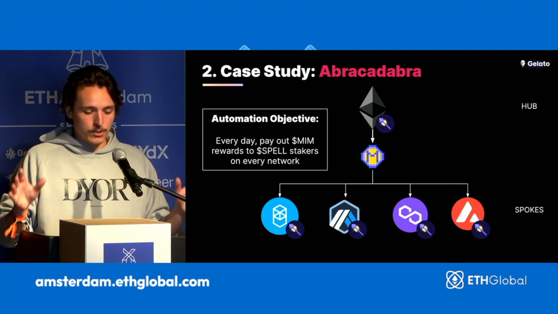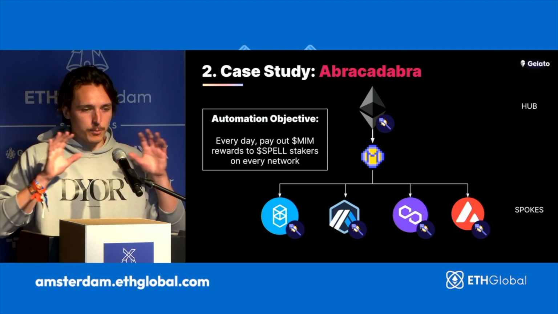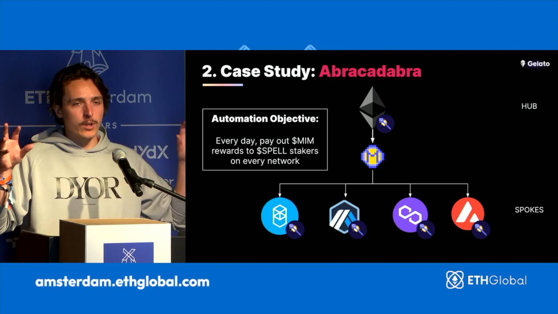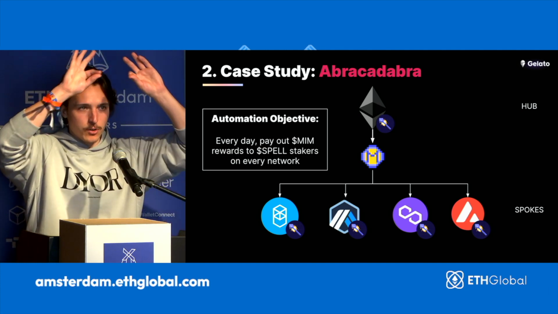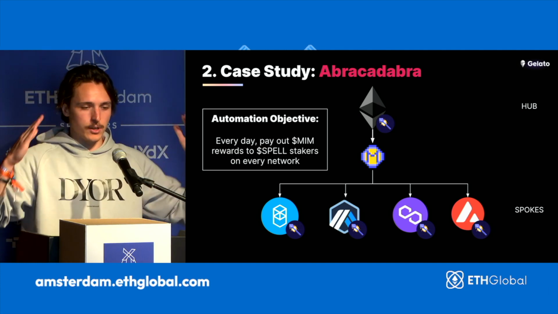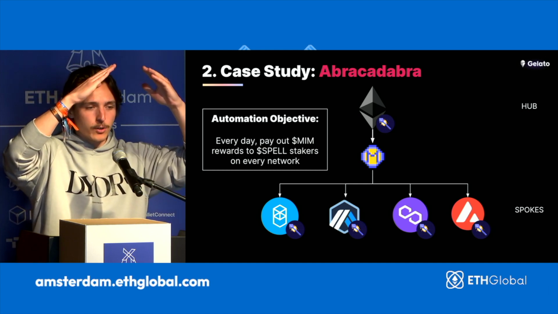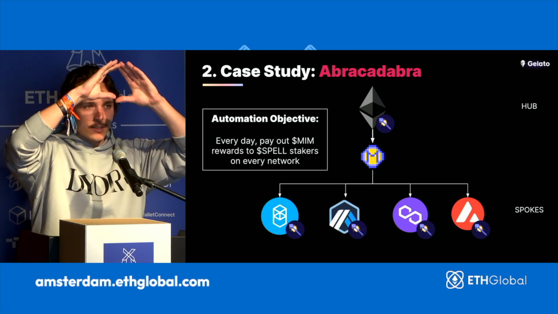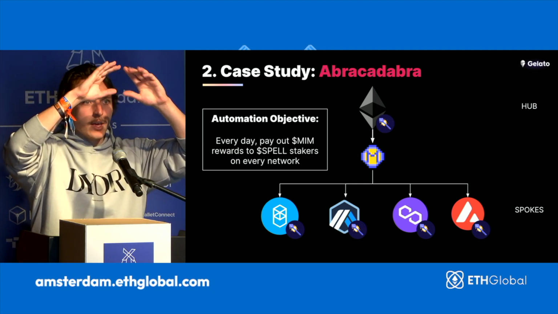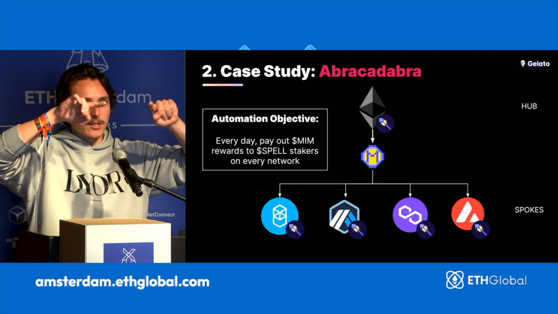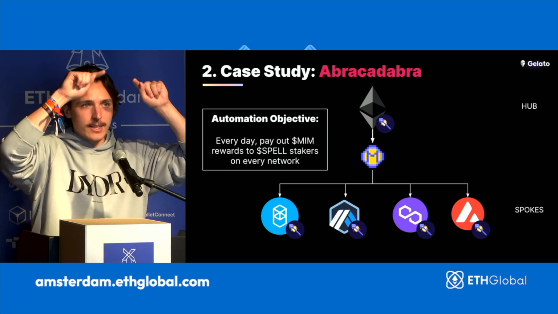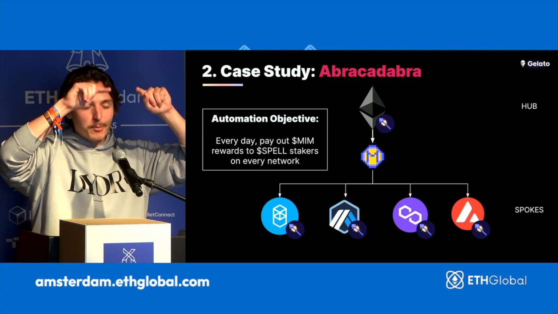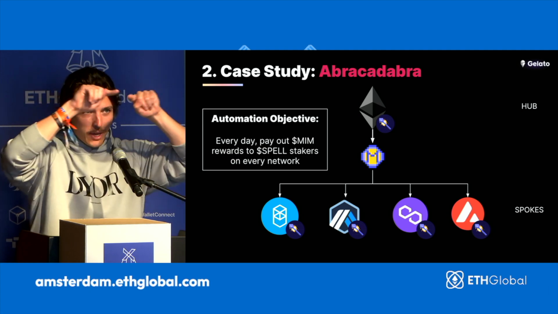And what they do is they want to relay the information about how much Spell was staked on Avalanche or Polygon once a day back to Ethereum. So all of the different spoke chains send the amount of Spell that was staked on them to Ethereum once a day, and then this gets aggregated in Ethereum, and then sometime later they need to trigger a function that sends the MIM rewards from Ethereum via some bridges back to all these networks.